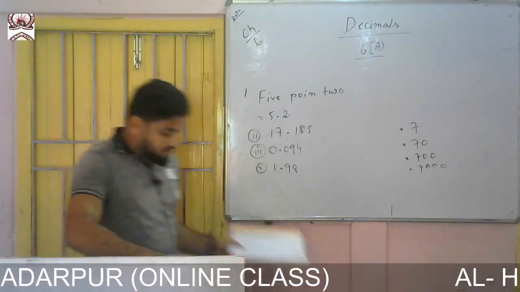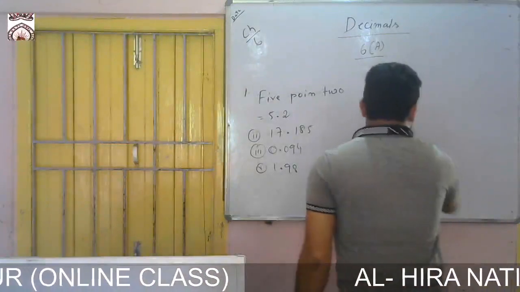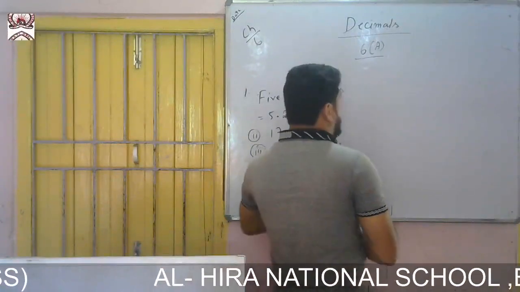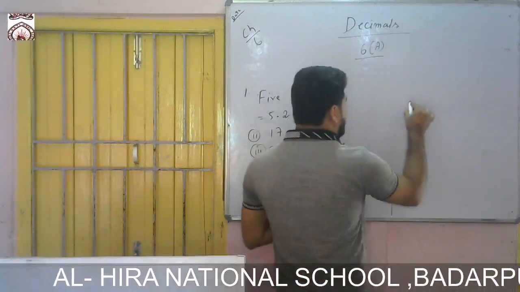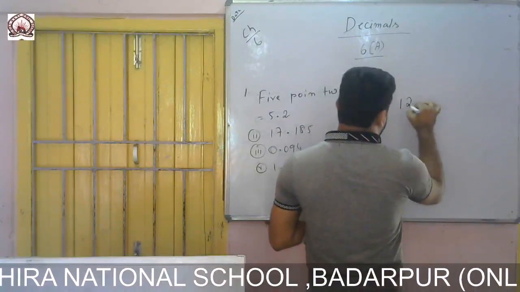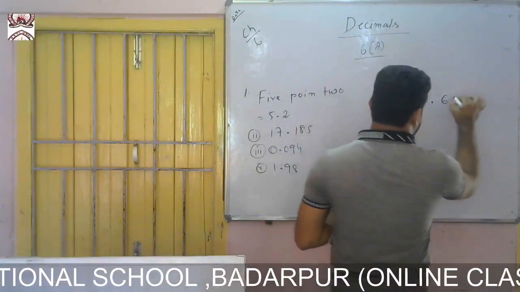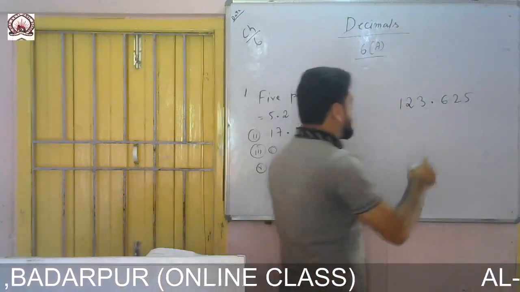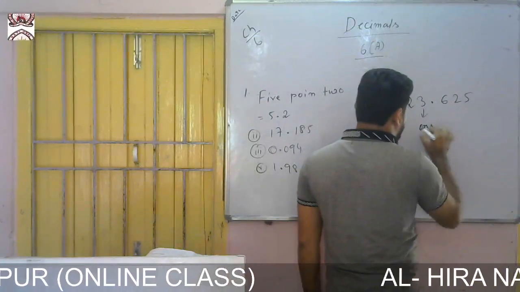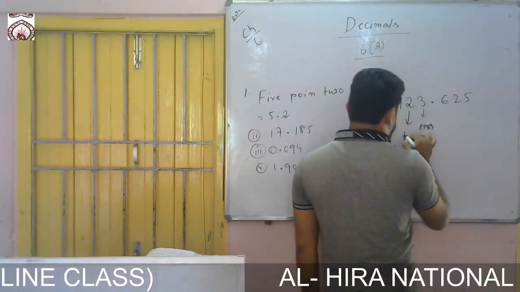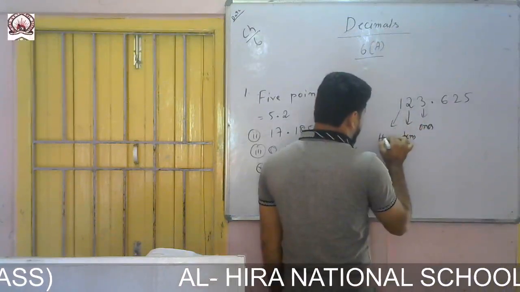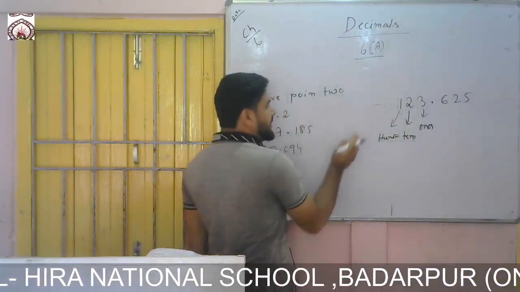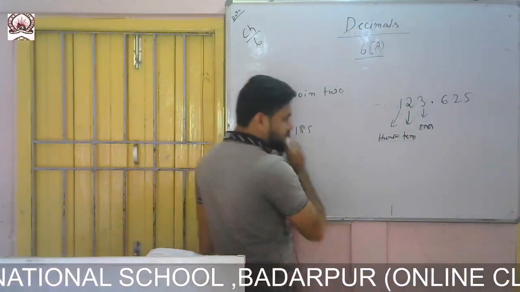One thing I have to say before that, the place value chart of a decimal number, you can say like this. Suppose 123.625. This one we know as the ones place, this is tens, and this is 100, and then after 100, 1000, then 10,000, like this we know.